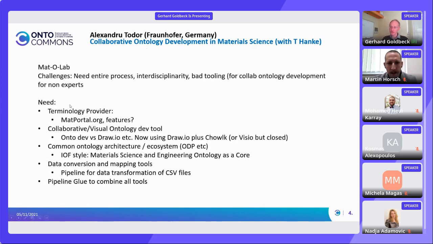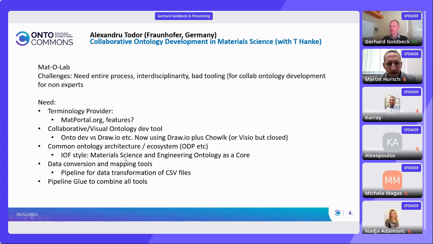But also it was great, the advances that have been made by, for example, matportal.org, which is a BioPortal type of functionality now available for the material science community due to their work. Some very interesting things around the collaborative visual ontology development using a combination of Draw.io and Chalk, but could also be done with other tools such as Visio. So this is a way of actually getting involved, and then also a whole pipeline that ends up with an actual ontology.